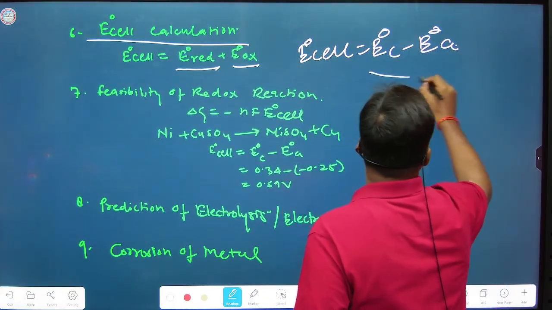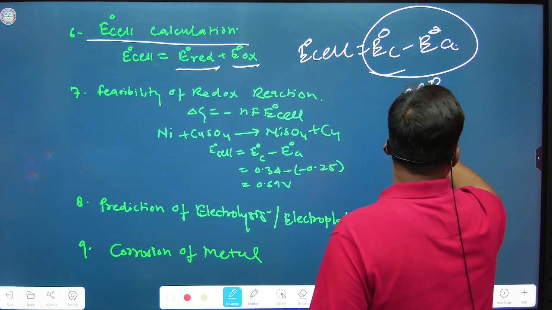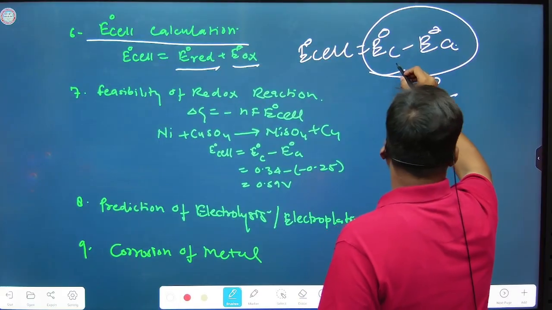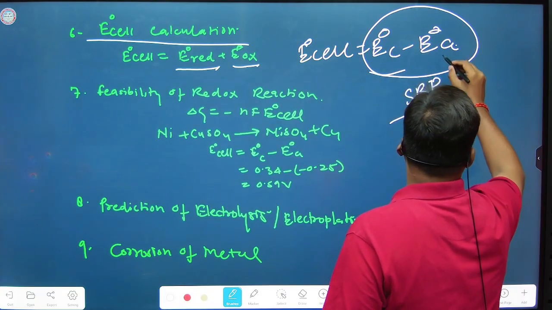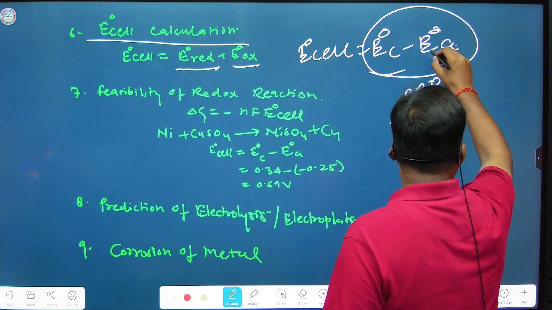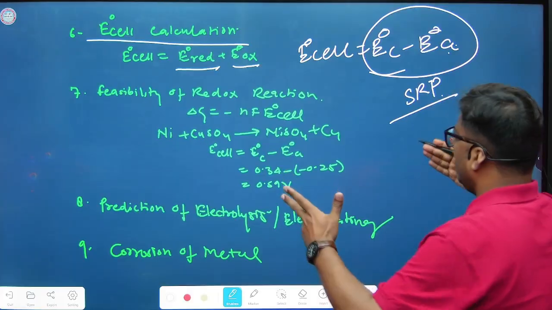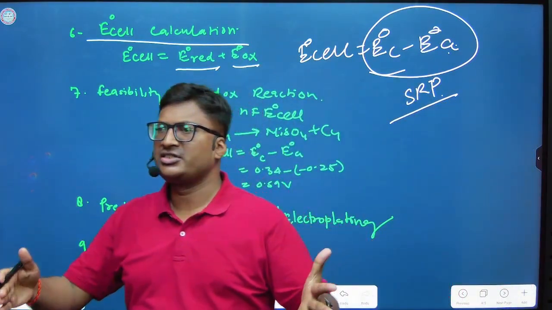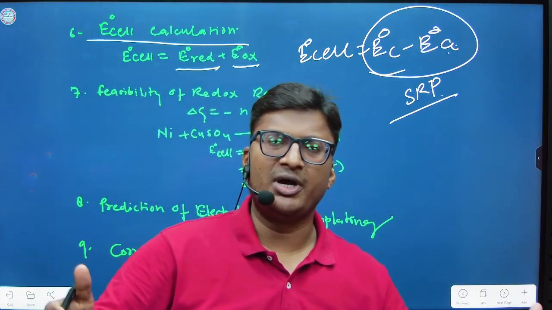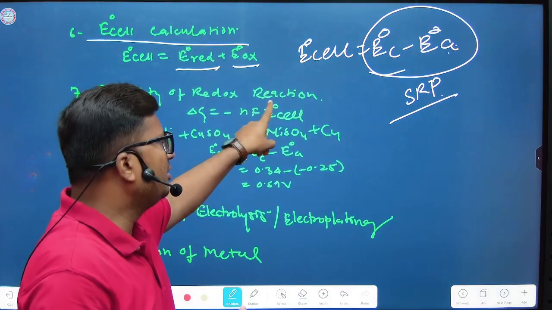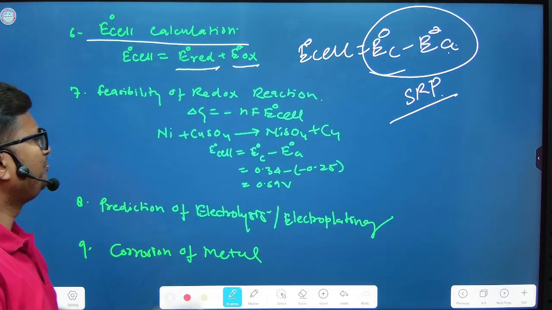Both these values are standard reduction potentials, right? For the reduction reaction it is the standard reduction potential, and for the oxidation reaction it is also the standard reduction potential. Clear? So if we have two standard reduction potentials, we can subtract, cathode minus anode, to get the resultant standard electrode potential or cell potential, right?